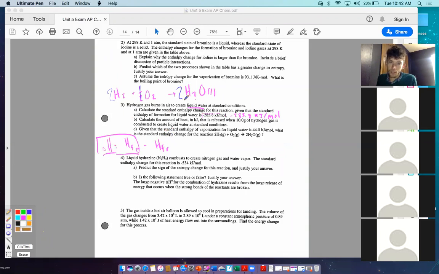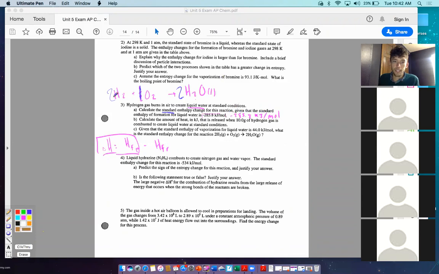But you would have had to divide it by 2 again to get the standard enthalpy change for the reaction. That's always per mole of a substance. I guess if you had reported it per mole of oxygen, then you would have been able to keep that double number. So I'll have to look at that. But really, this should be the answer. If you got an answer twice that amount, it's going to depend on how you reported it.